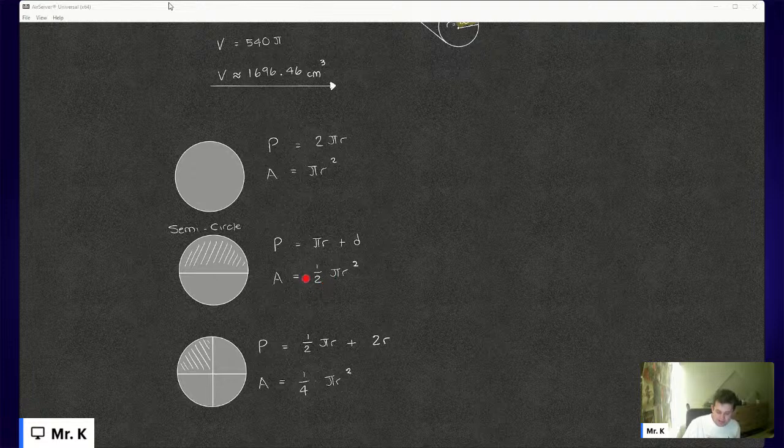For half, it's half pi r squared. And for a quarter of a circle, it's a quarter pi r squared. As for the perimeter, those are things you'll just have to remember to learn. This is a half pi r plus my 2 radii. In this semicircle, we have pi r for the arc, and we have the length of the diameter as well. While the perimeter of a full circle is quite literally the full circumference of the circle.